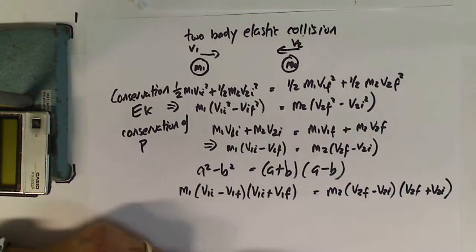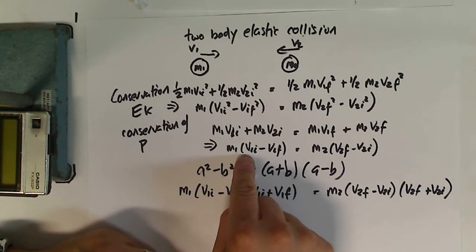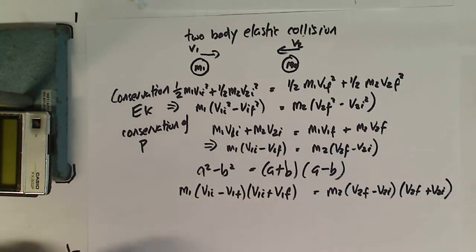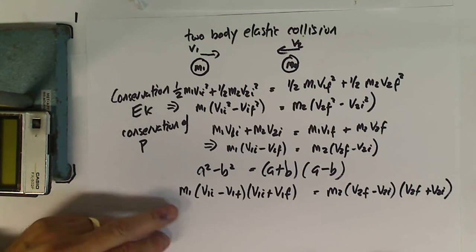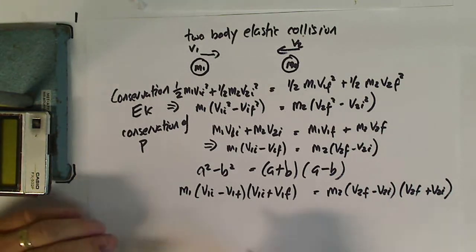We can now substitute in the M1 times V1 initial minus V1 final, and we can say that that is actually equal to M2 times V2 final minus V2 initial, same thing as what we've got here.